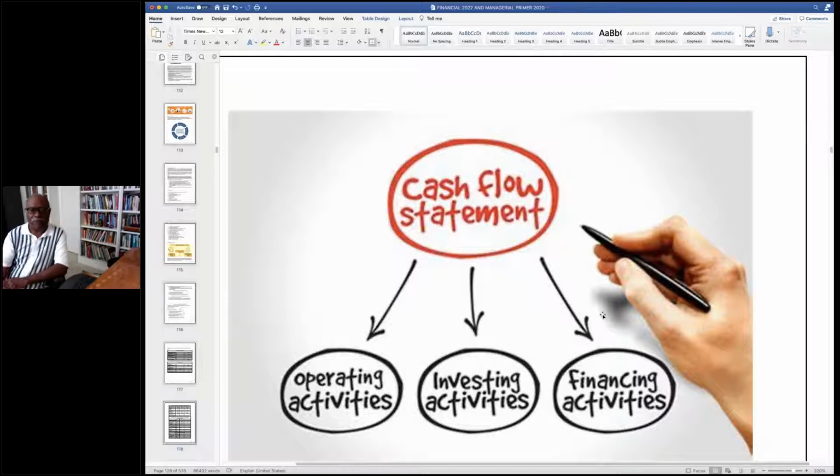What else? Balance sheet and the statement of retained earnings. And I told you there were 4 statements. And so today you're going to learn how to prepare a cash flow statement.